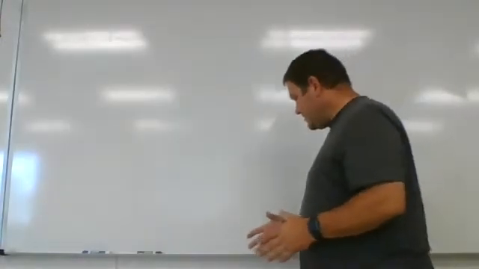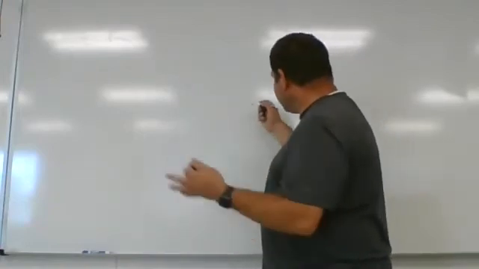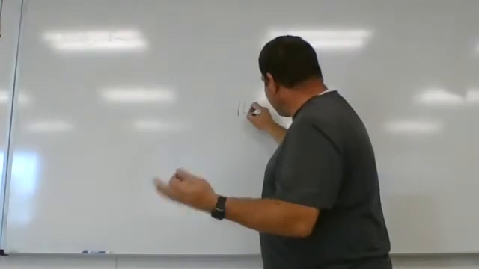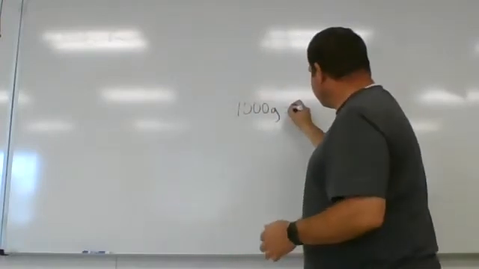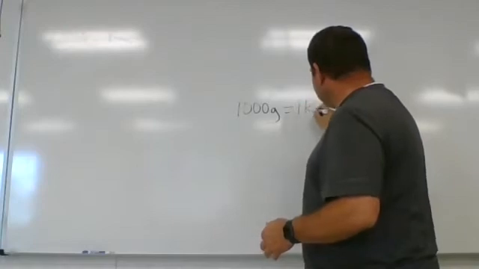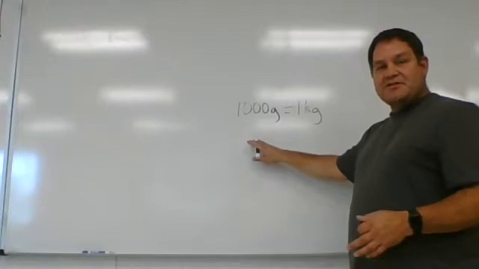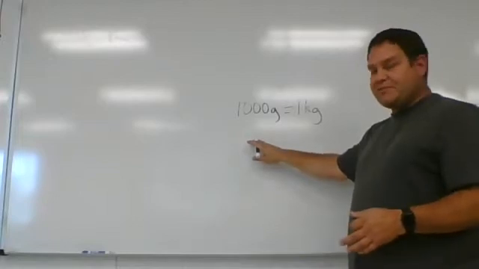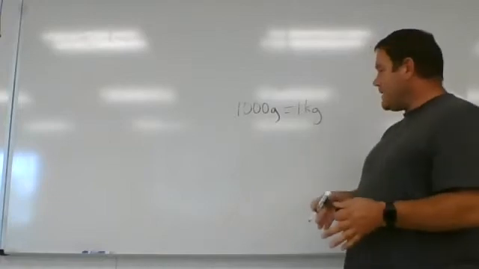For instance, I know that 1,000 grams is equal to 1 kilogram. That's a unit relationship, also known as a conversion factor, because it allows us to convert from one unit to another. All right.